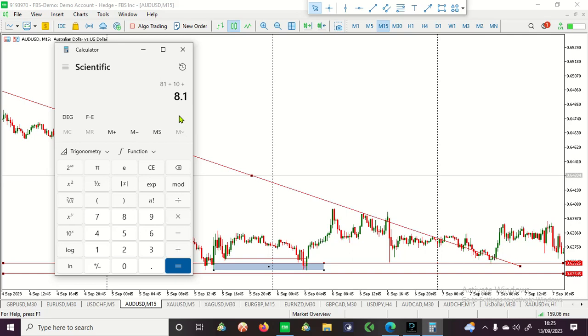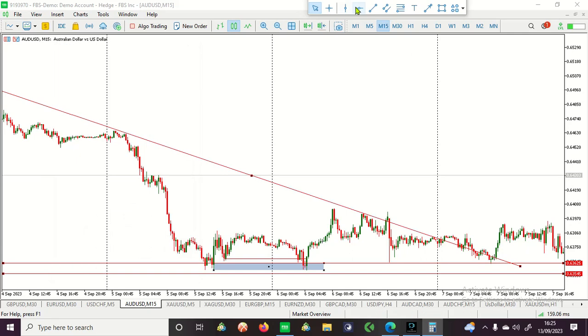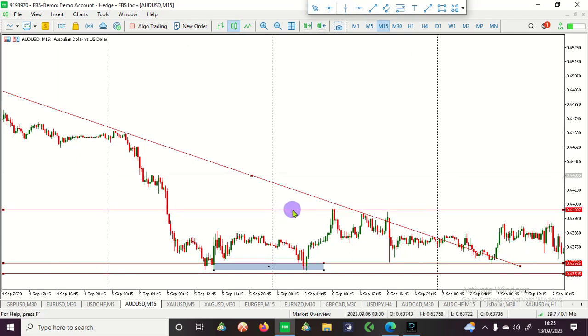Are you seeing it? This is our TP. This is where our TP should be. So we know that from here to here gives us 425 points, and from here to here gives us 81 points.